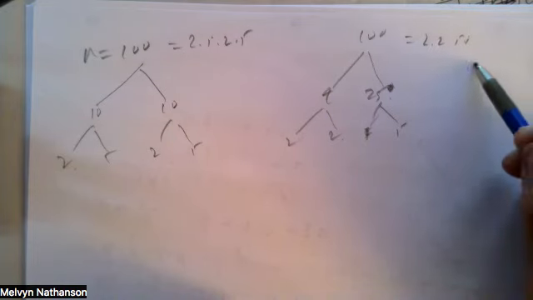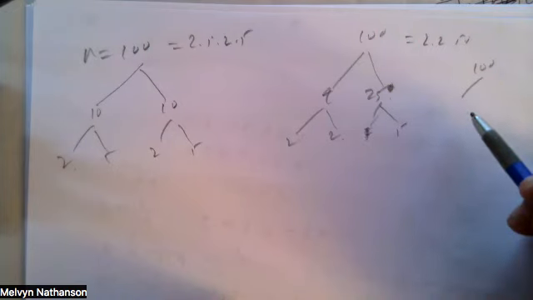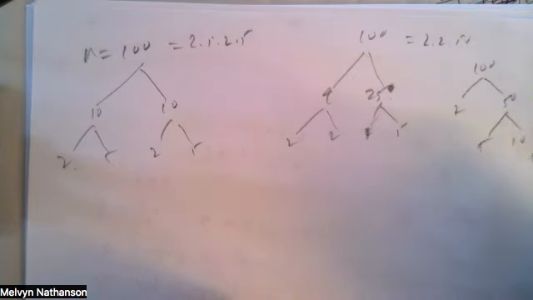Or I could have factored 100 as 2 times 50. 2 is a prime, I can't go any further beyond that. But 50 is, let's say, 5 times 10. And then 10 is 2 times 5. And again, I have two 2's and two 5's.